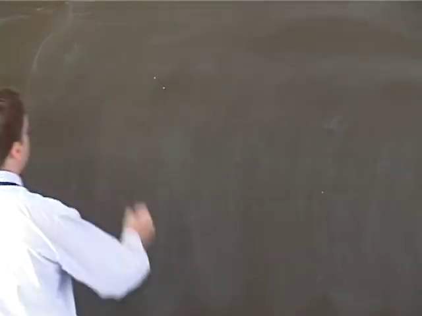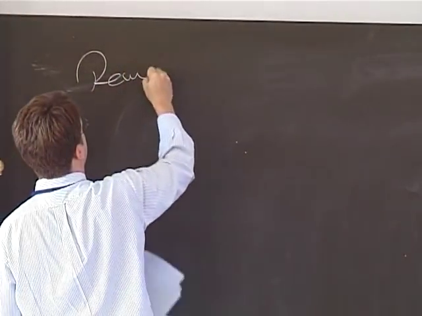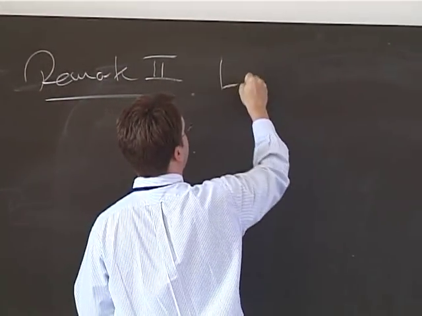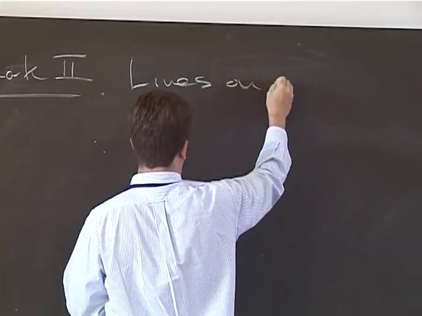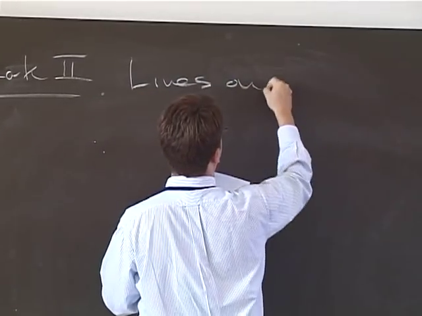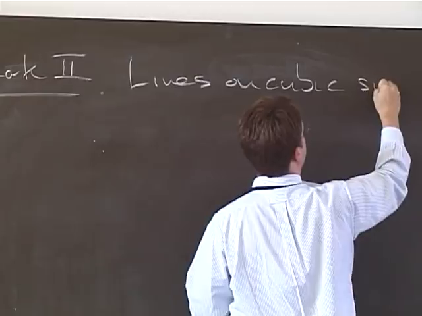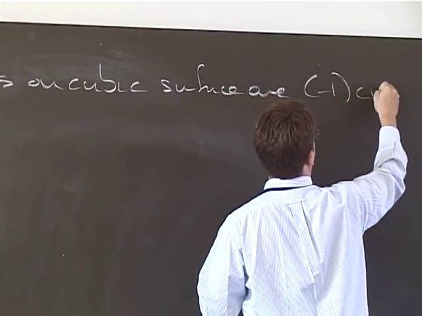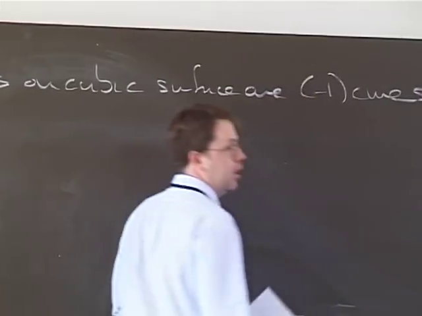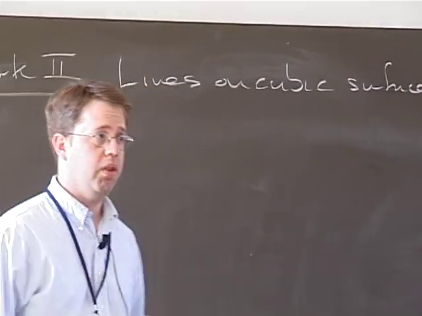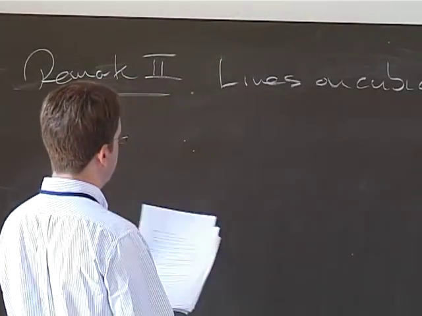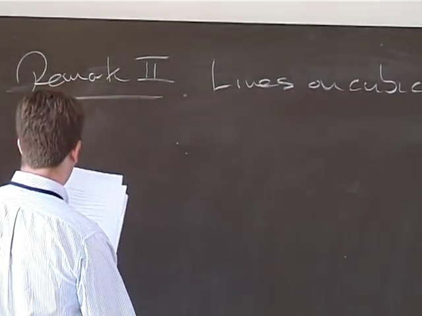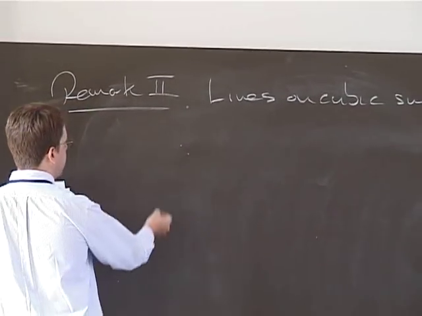So this is remark 2. Lines on the cubic surface are all minus 1 curves. The lines are exactly the minus 1 curves. Now, this is easy to see.